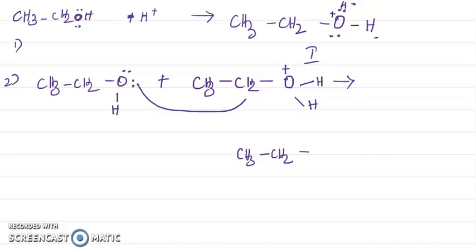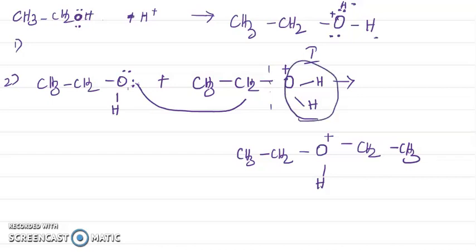The lone pair moves here, so there is a vacancy and it makes a plus sign here. Oxygen plus is attached with hydrogen, then makes a bond with CH2CH3. There is a cleavage happening, so we get H2O.